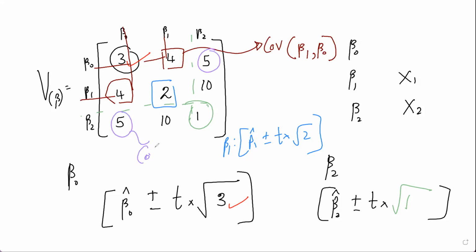This means covariance between beta 2 and beta naught, so it should be the same with this, covariance between beta 2 and beta naught. Here beta 1, beta 2, beta 2, beta 1. So all these values should be the same. I hope you noticed that.